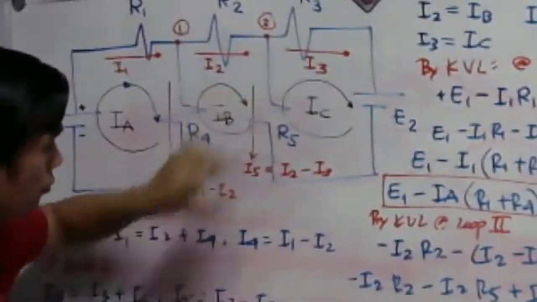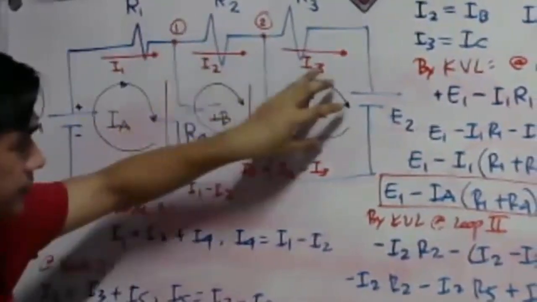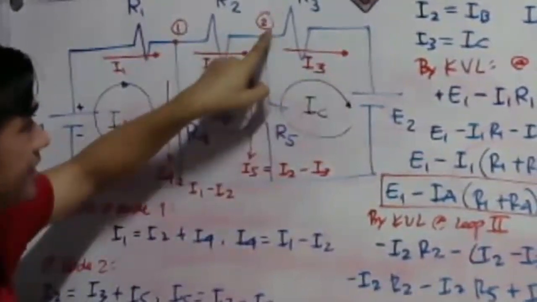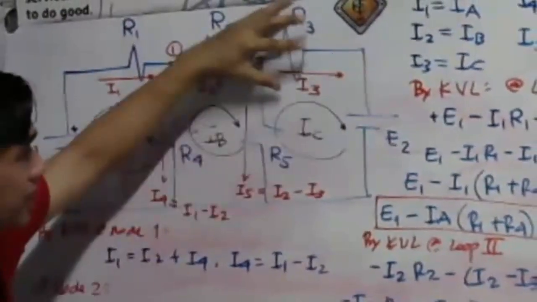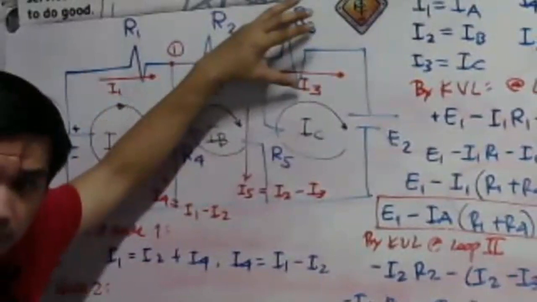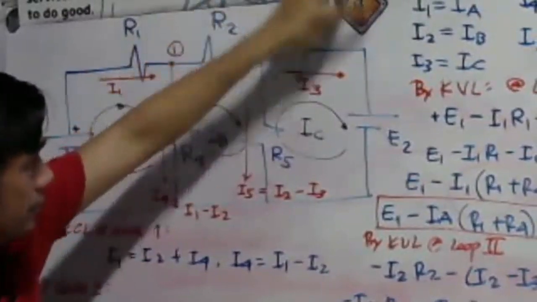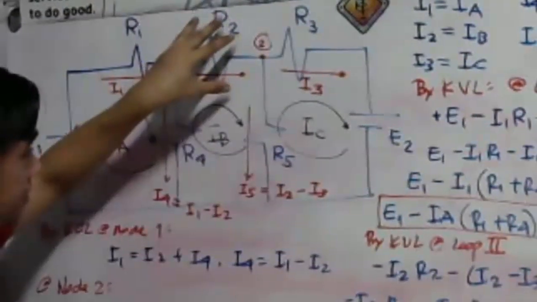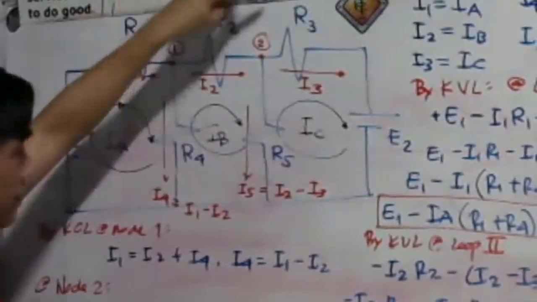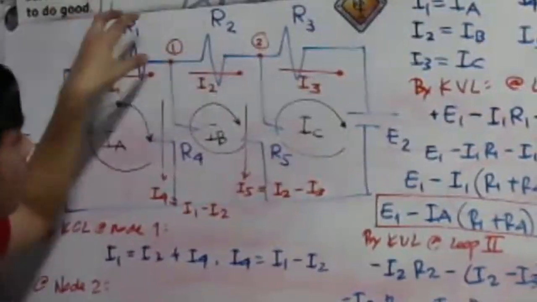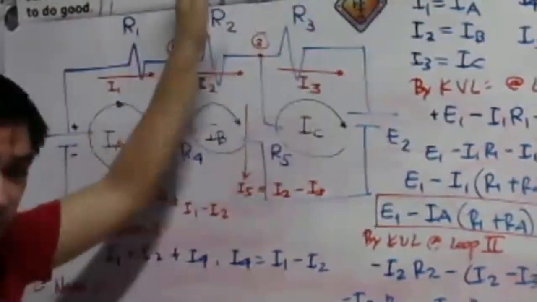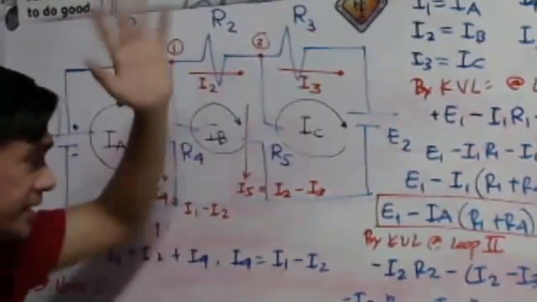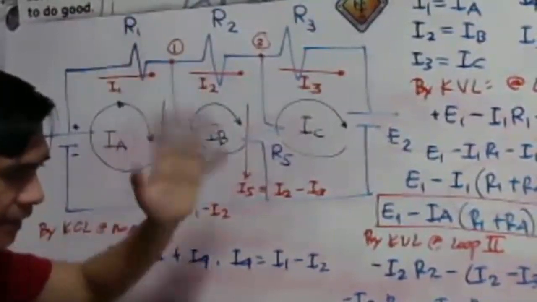It is common with loop 2 and loop 3. Question, is R3 a common resistor? No, because there is no loop here. That is not a common resistor. Is R2 a common resistor? No, there is no circuit loop here. R1, R2, and R3 are not common resistors. They are independent resistors.